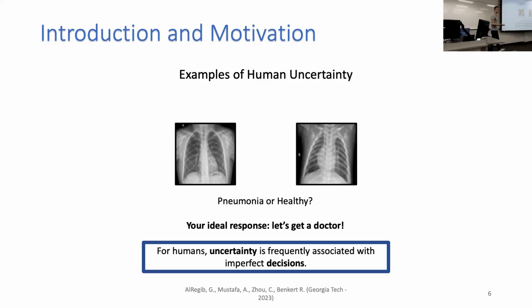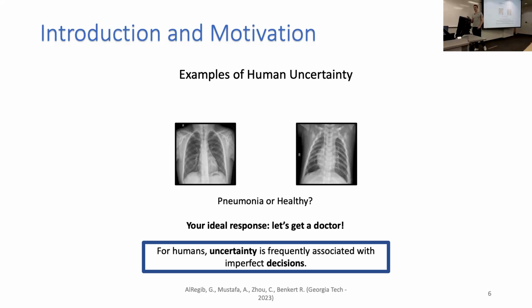In this case, we were talking about the decision whether it's pneumonia or healthy. And just intuitively speaking, if this had been a real-world scenario, you wouldn't typically have told me the left is definitely pneumonia or the left is definitely healthy. You probably would have told me, let's get a doctor, because I have no clue.